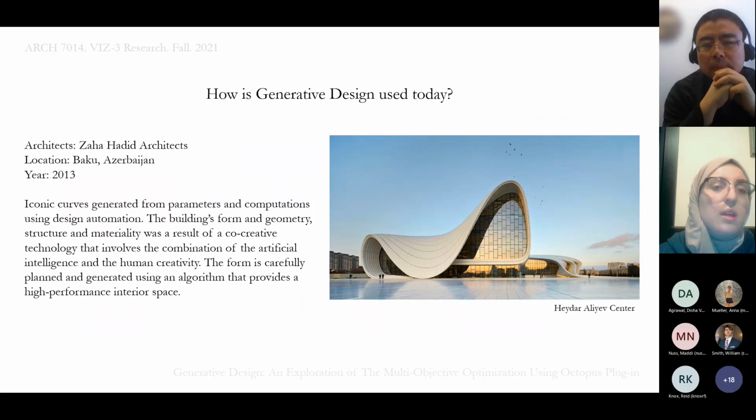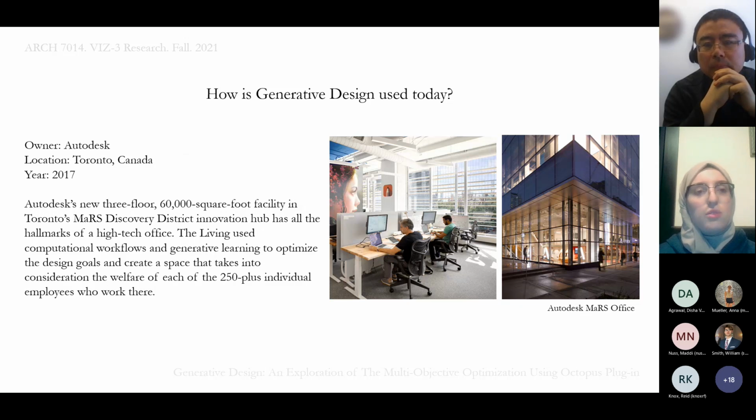In this building, the curves are driven by computations, and then human analysis comes in after the computations of the site, the sun analysis, the views, the orientation, and so on. So it's a co-creative technology that combines artificial intelligence and the human as well. And the form is carefully planned and generated using generative design algorithms.